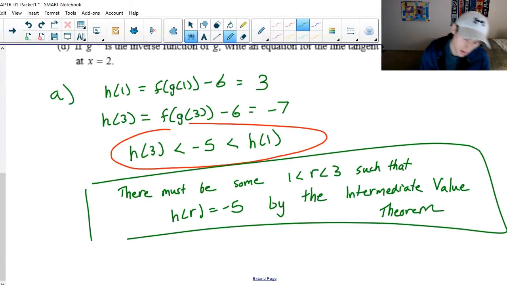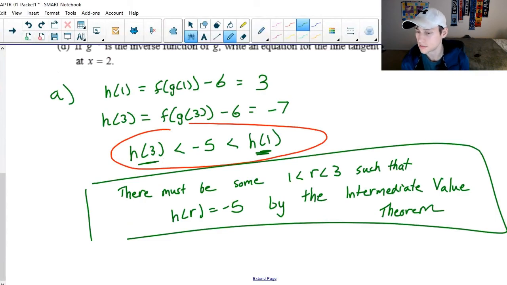Since the y values, right, negative 5 is between the y values of those h bounds, then that means there does exist some value between 1 and 3 that would equal negative 5 if I plugged it into h. Right, it does exist.